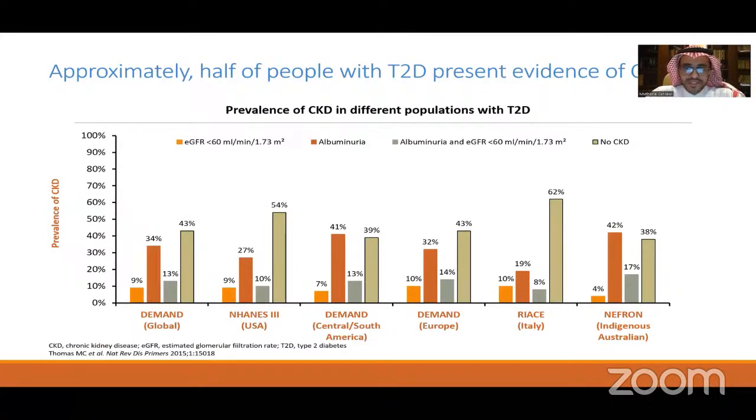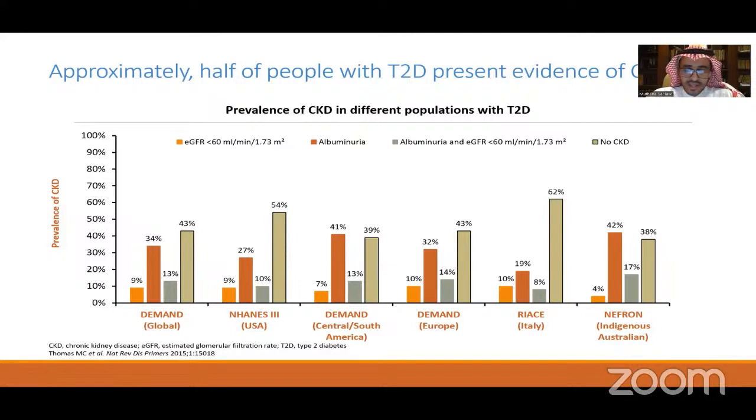And those with diabetes, and these are different studies from different registries around the world, have shown that approximately half of patients who have diabetes show evidence of CKD, either as albuminuria or as low GFR or as combined.